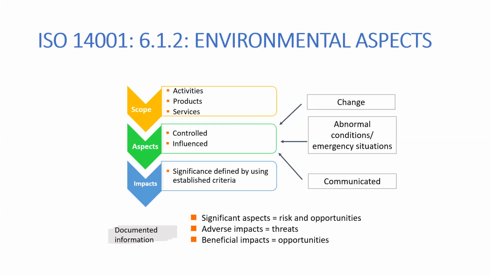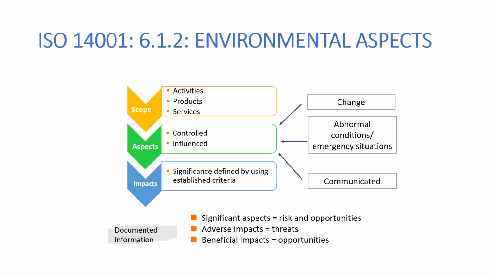And the control, again, in the next slide we will discuss that if this activity or product or service, there is a possibility to control, or there is a possibility to influence. Remember, boundary of control and boundary of influence. So we need to see how much control can we apply and how much influence can we do for them to minimize the risk of this aspect.